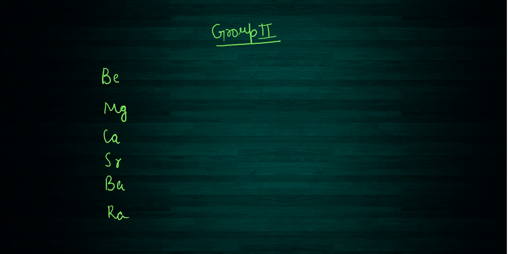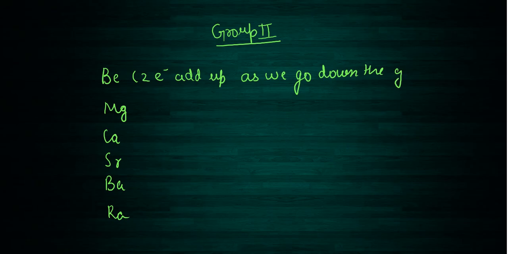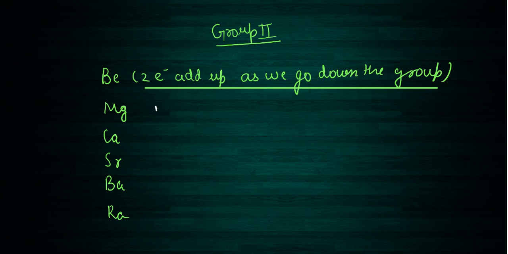Now, as we know, similarly here 2 electrons add up as we go down the group. So, as we go down the group, the size also increases because the number of shells keeps on increasing.